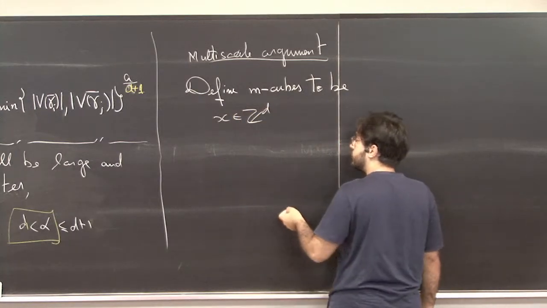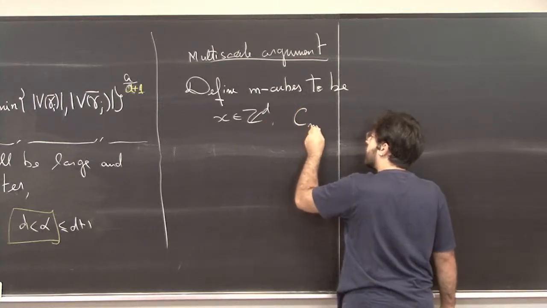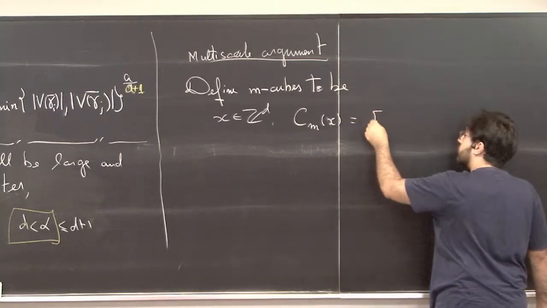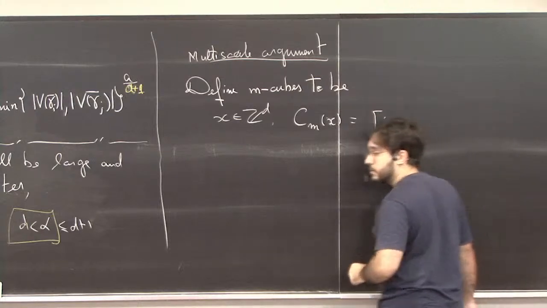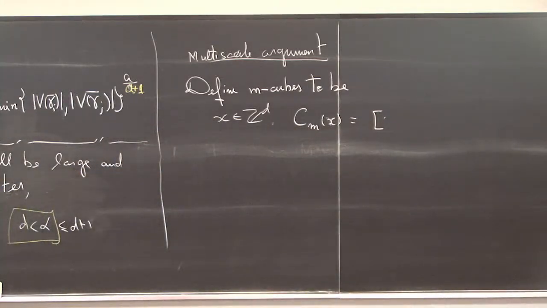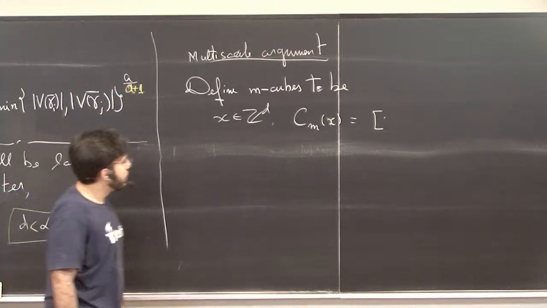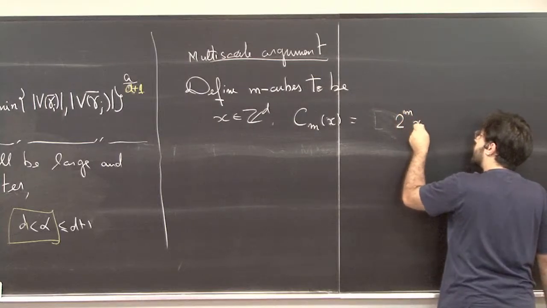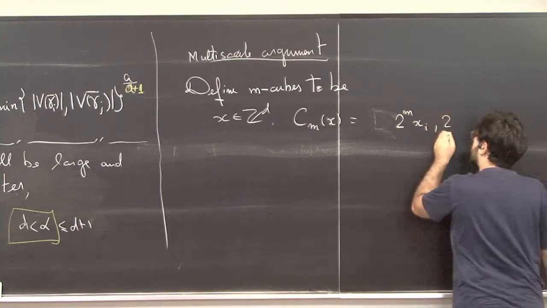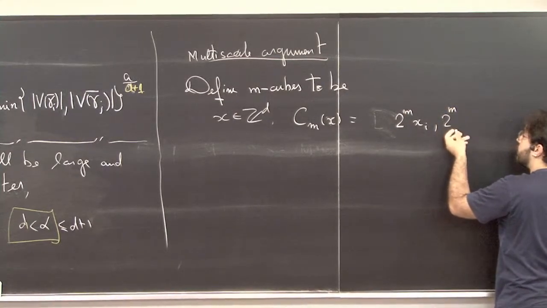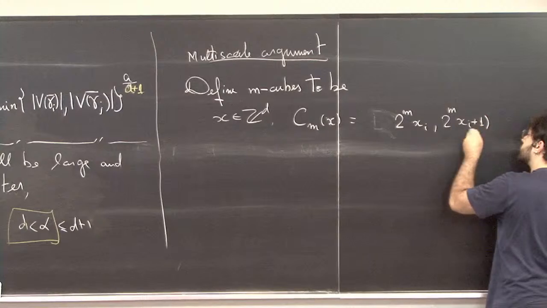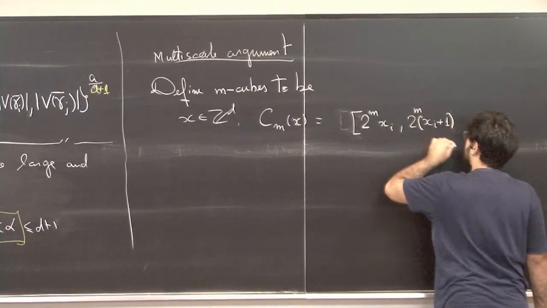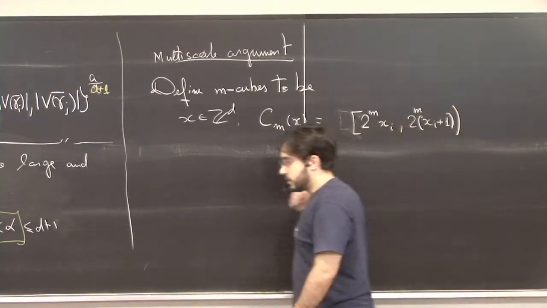Then you define C_m(x) as the cube with side length given by the interval from 2^m x_i to 2^m (x_i + 1), open on the right side.